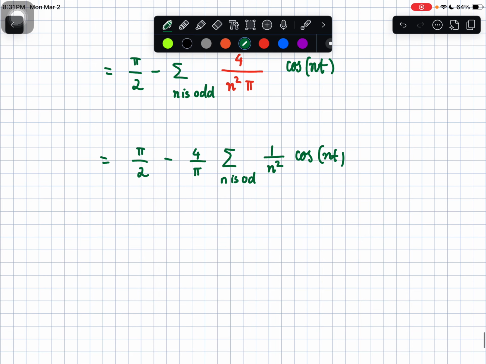So here are a few terms. Pi over 2 minus 4 over pi. Inside, you have n greater than or equal to 1, so n equal to 1, 3, 5, and so on. Let me write down the first few terms. 1 over 1 squared, so 1 cosine 1t. Second term, 1 over 3 squared, cosine 3t. 1 over 5 squared, cosine 5t.